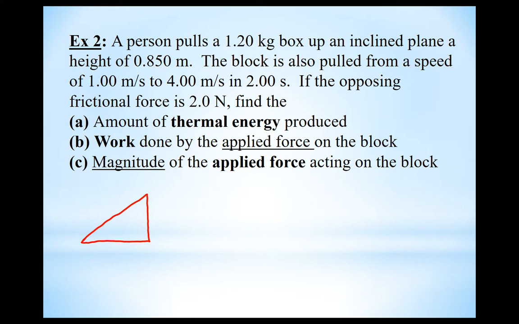Maybe I'll pick a different color for the box. Let's go with purple. And there's a person who is pulling this box up the incline. So we have FA. Now let's say this is position 1 at the bottom of the inclined plane. Then I'm pulling it all the way up to the top.